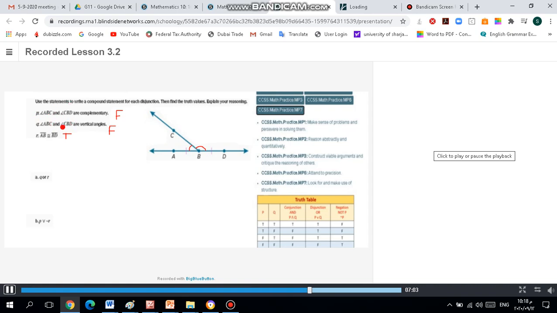First of all, I need to read the statement itself and find whether it's a false or true statement. Then I'm going to answer the compound statement. Q or R. Now we are dealing with the disjunctions column, so you should recognize the disjunctions column.